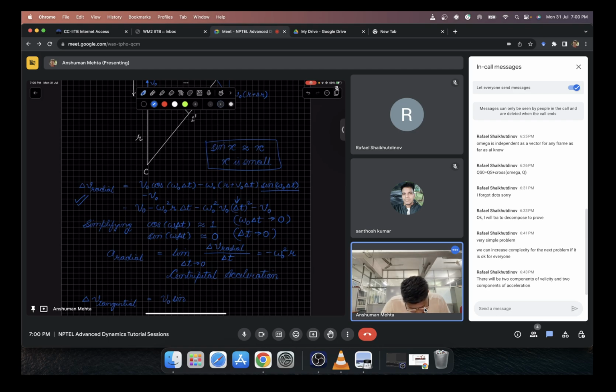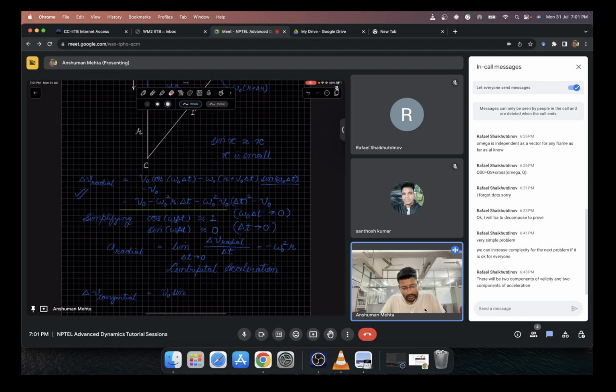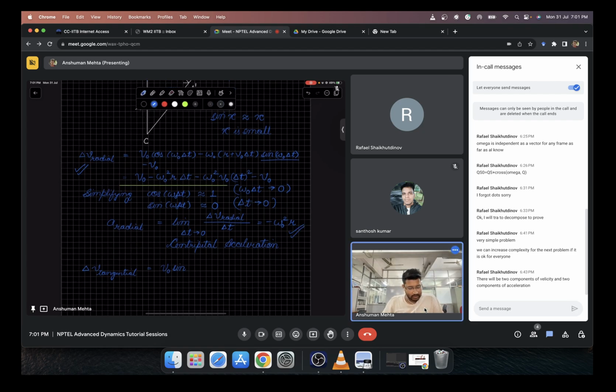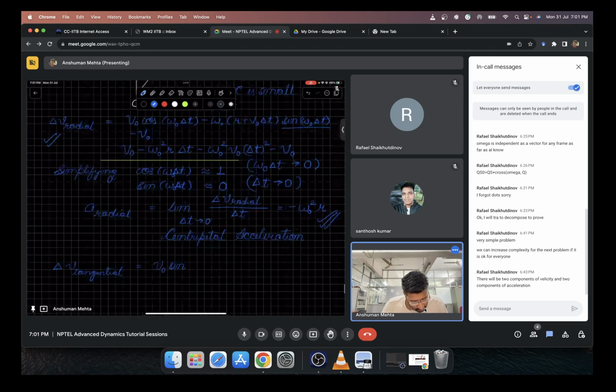V naught is coming from this. Up to this, everything is correct. Oh, okay, got it. You're saying that if we have to put it like this, then it should be x, not 0, right? But eventually it will come to be the same as this. Yeah, I can make changes. In the final document, I will make changes.